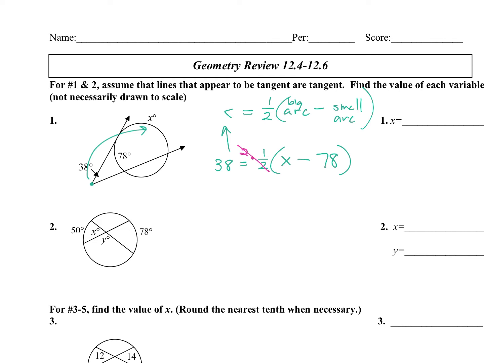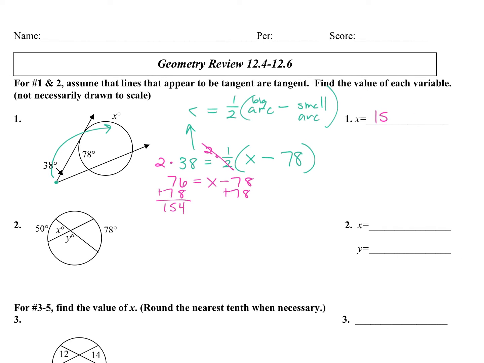So if I multiply by 2, then I got to do it on both sides. So that's 76 equals X minus 78. Add that 78. I don't have an answer key in front of me. What is that? 154. So you get 154 degrees for the measure of that arc.